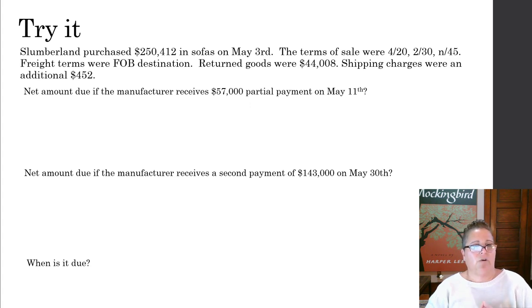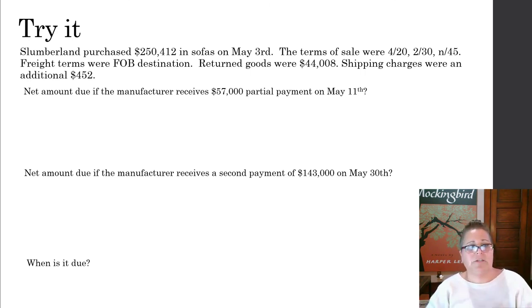Freight terms were FOB destination. What does that mean? FOB destination means that the seller took full accountability for the merchandise until it gets to its destination. Okay. Returned goods are $44,008.